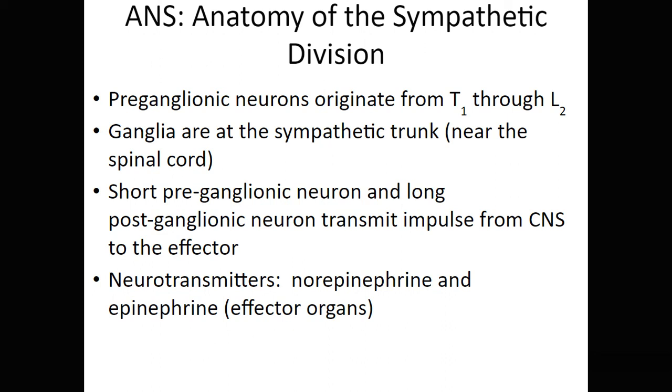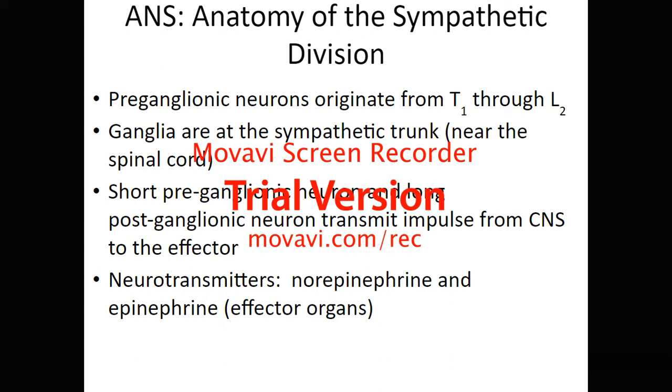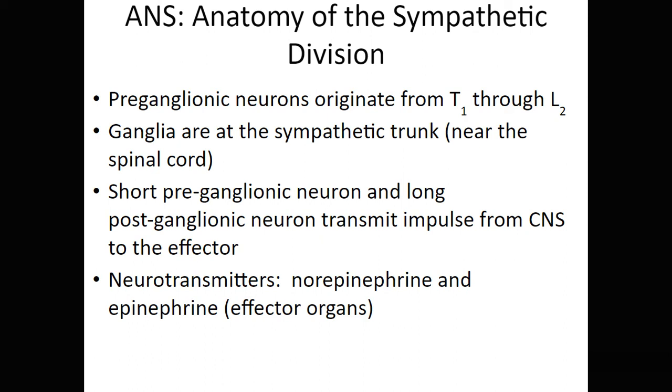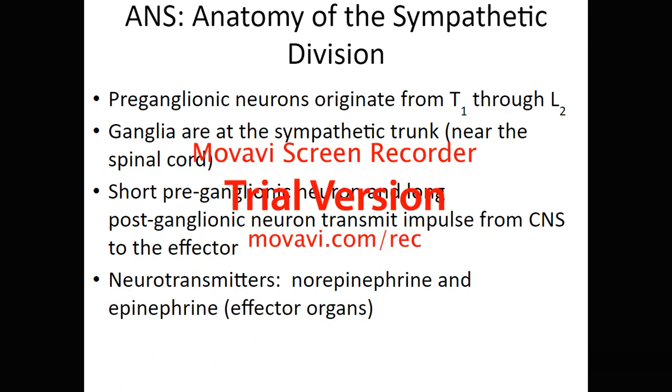Remember, ganglia are just a collection of neuron cell bodies, and you have a short preganglionic neuron and a long postganglionic neuron that transmits impulses from the central nervous system to the effector. The neurotransmitters are norepinephrine and epinephrine, and those neurotransmitters are released at the effector organs.